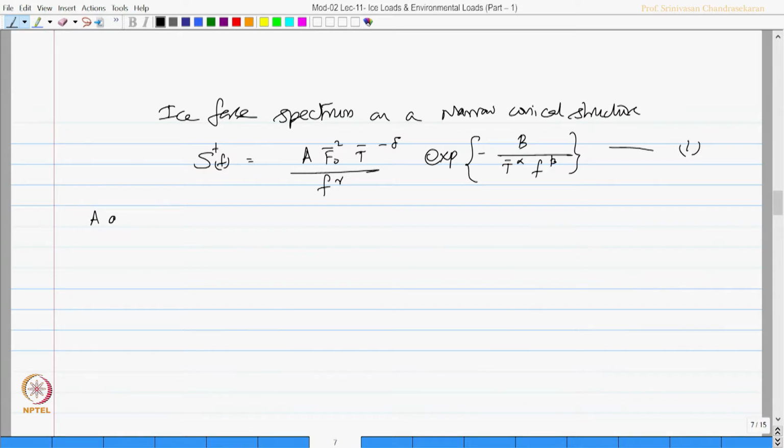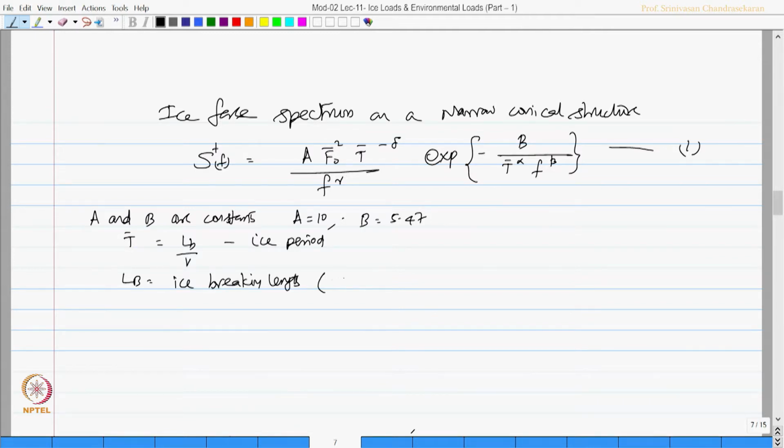In the above equation, A and B are constants whose values are A is 10 and B is taken as 5.47. T bar is L B by V, which is called ice period. L B is called ice breaking length. Typically, it is between 4 to 10. F bar 0 is called force amplitude on the structural member.